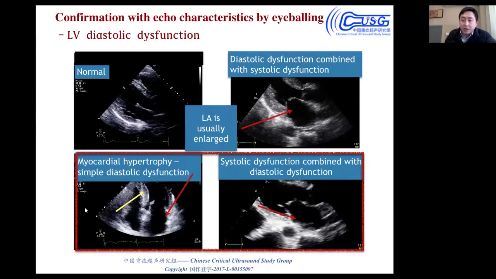If the patient has COVID-19, we'll pay more attention to controlling the heart rate and managing the fluid, and avoiding fluid overload.